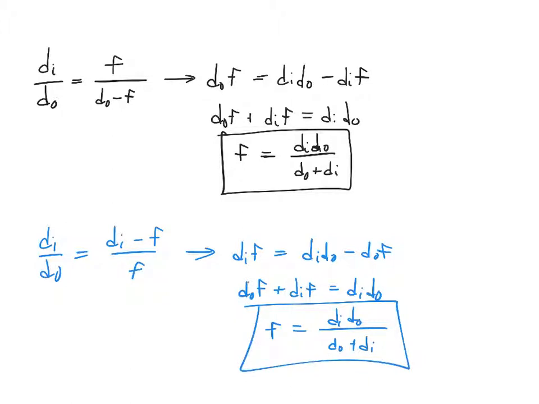These are the same, but they came from different versions of the proportion. All right? So we have this constancy, at least in focal length, that can be defined in these other terms.